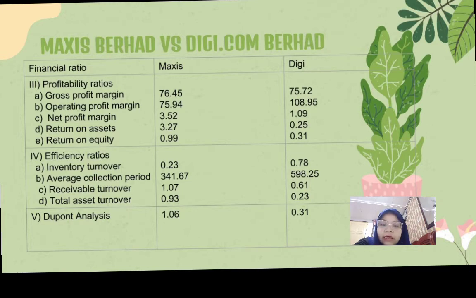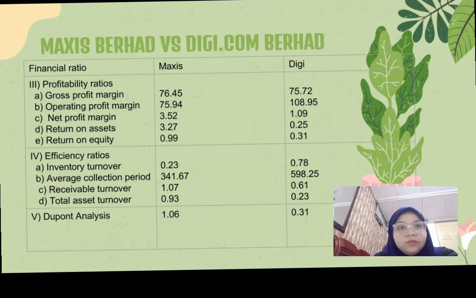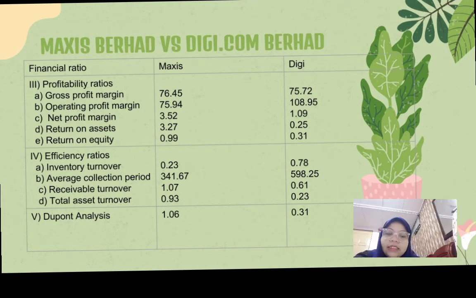This is calculated by dividing the average receivable account balance by the total net credit sales for the period, or multiplying it by the number of days in that period. Receivable turnover for Maxis gets a value of 1.07, while DiGi gets a value of 0.61.